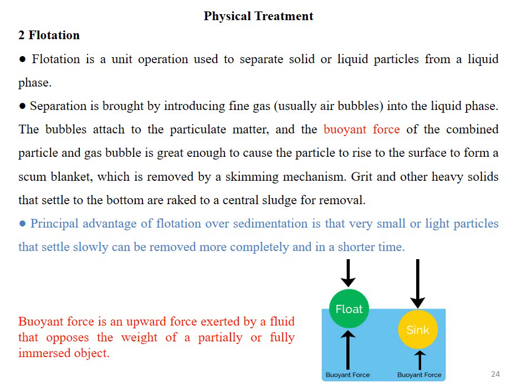These air bubbles then attach to the particulate matter, and the buoyant force of the combined particle and the gas bubble is great enough to cause the particles to rise to the surface to form a scum blanket, which is removed by a skimming mechanism.